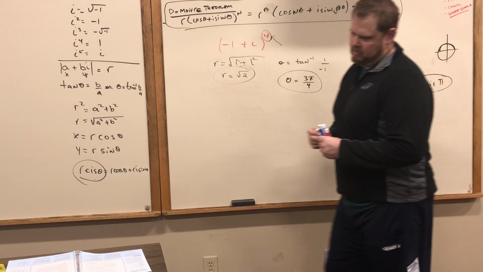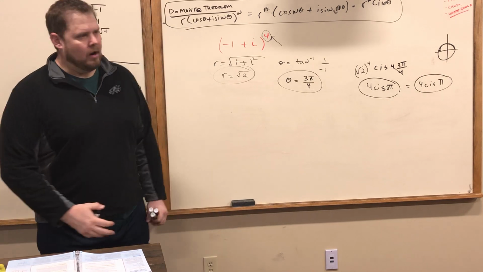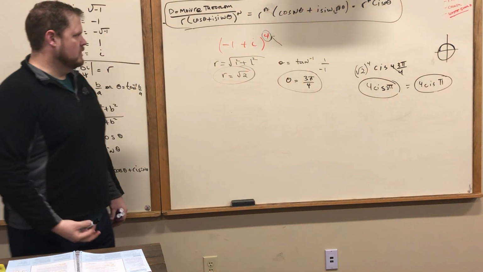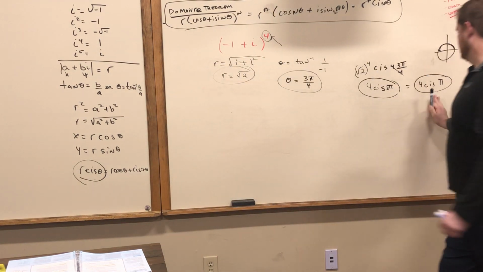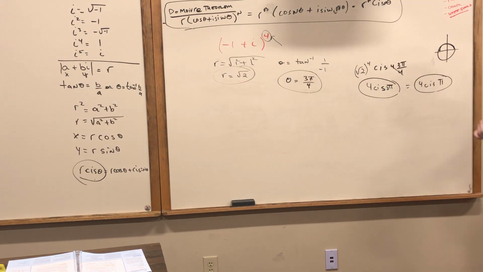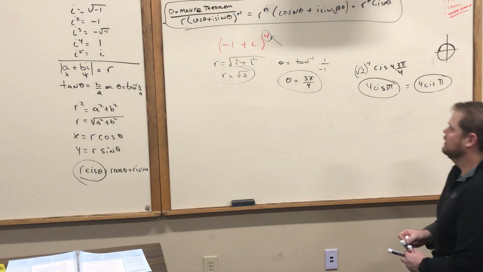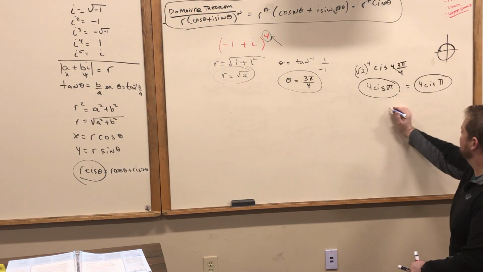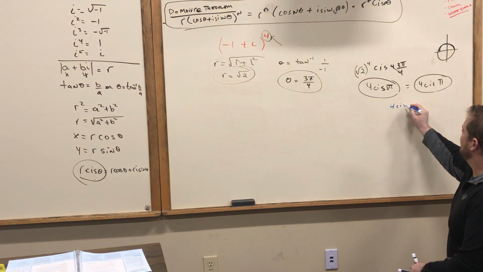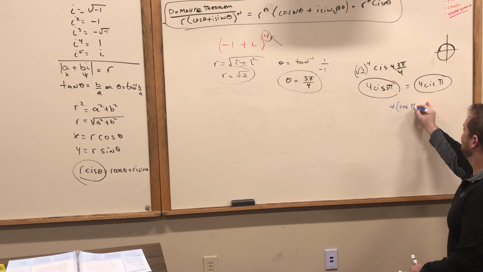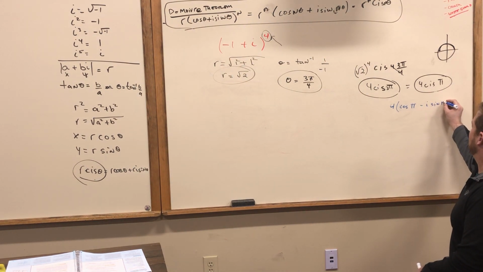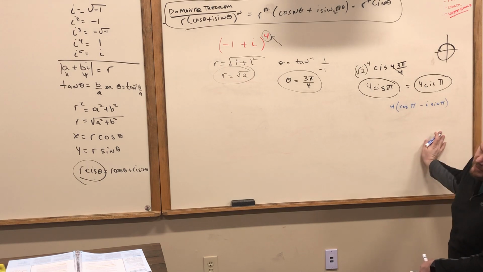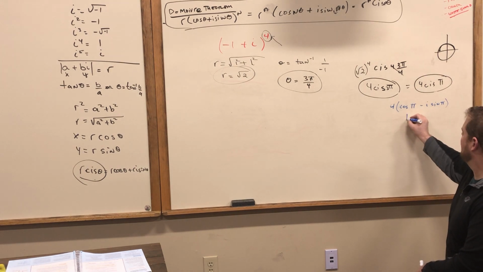Now, my question to you is, how do we know if this worked? Well, you can solve this back by plugging this in right here and see if you get the original. So how would we do that? 4 times cosine pi plus i sine pi. What does this become?